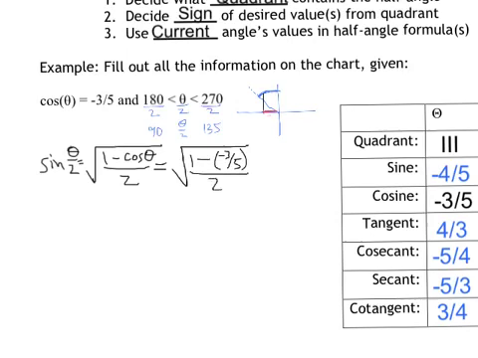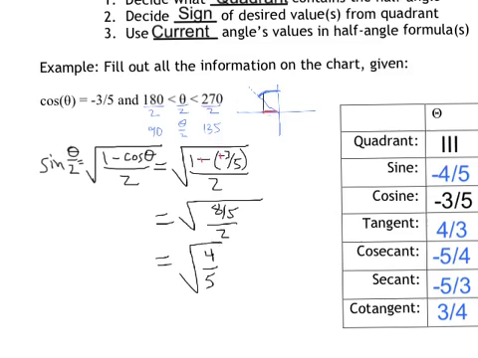On top, subtracting a negative is the same thing as adding a positive, and so that reveals 8/5 on top of 2. So 8/5 cut in half is 4/5, and that's all under the square root.